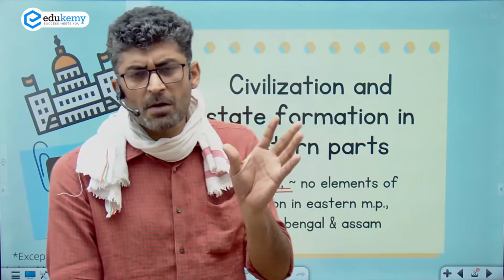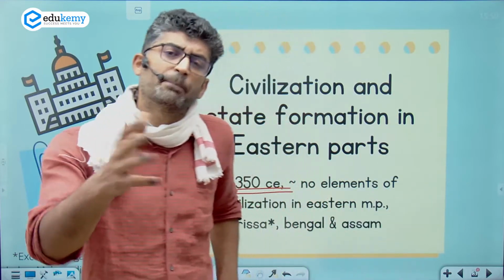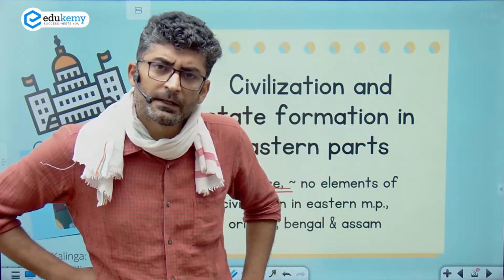But then around 350, emerge the Guptas, 320, the Guptas come into the picture. We do not know about the precise origin of the Guptas. Some people say they were a Vaishnavite dynasty. They may have emerged from the Bangladesh region, right?